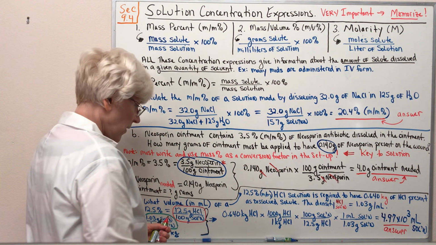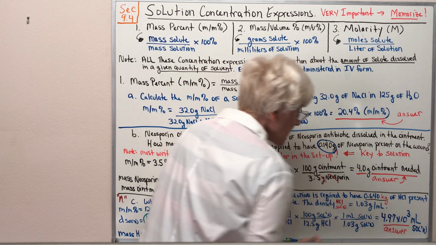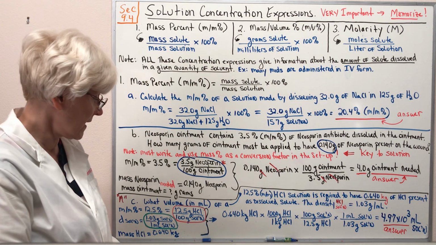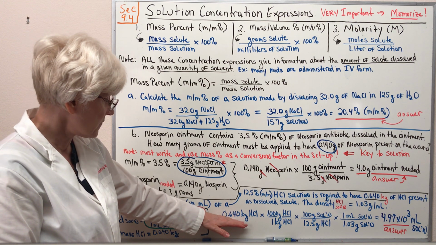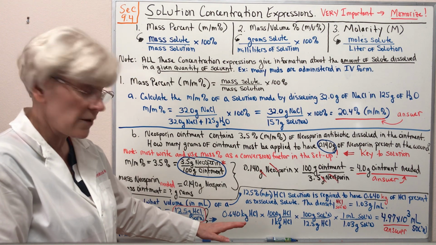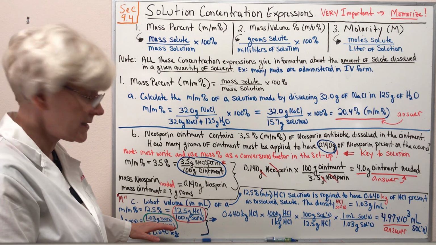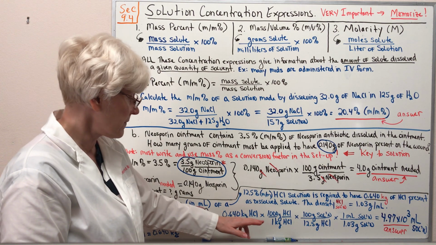Our starting point is the mass in kilograms of hydrochloric acid that we need. So 0.640 kilograms of HCl. I'm going to go ahead and convert that into grams. If I need to use the density, density is in gram units.